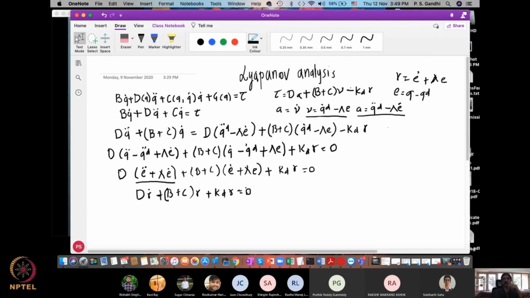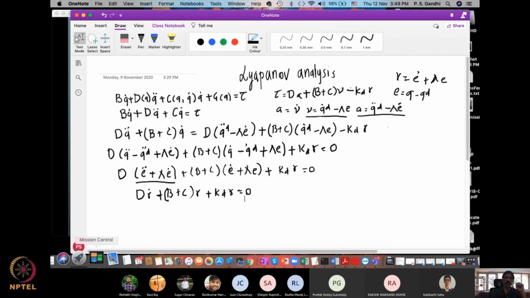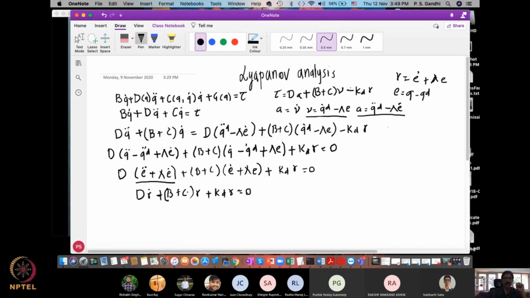So it doesn't have a directly energy-based connection we can use right now. Therefore we can directly go on using a function candidate V.